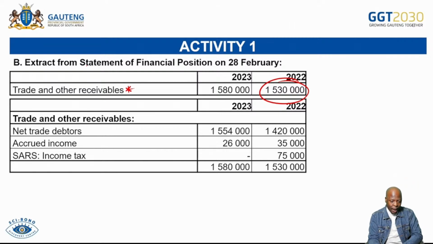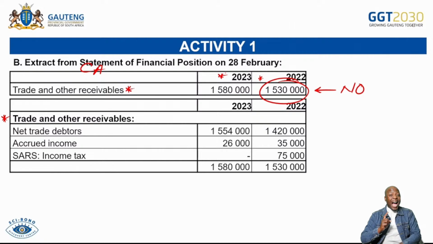So this is what will appear under your current assets. But at times it can be broken down further, as you see down here. Now, you must not use this figure here. No, you must not look at an increase or a decrease from this total to that total.